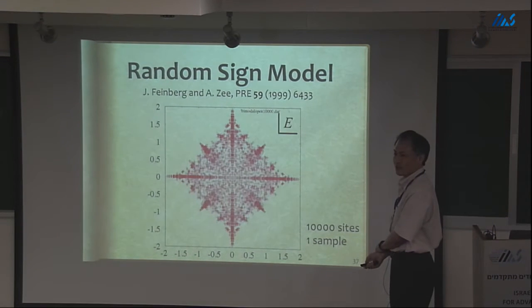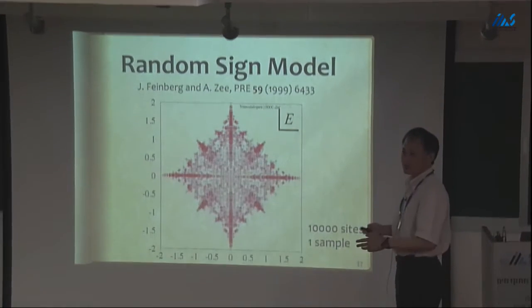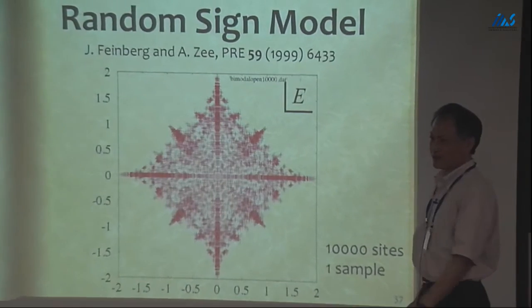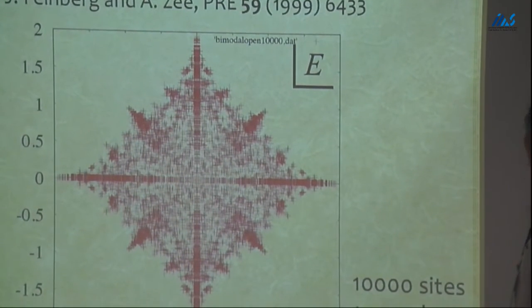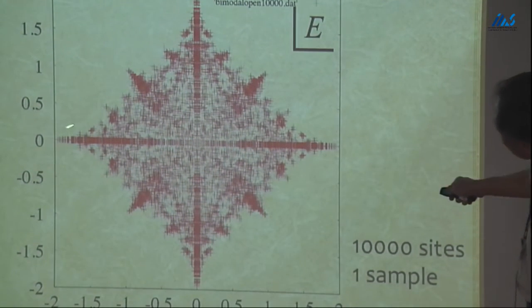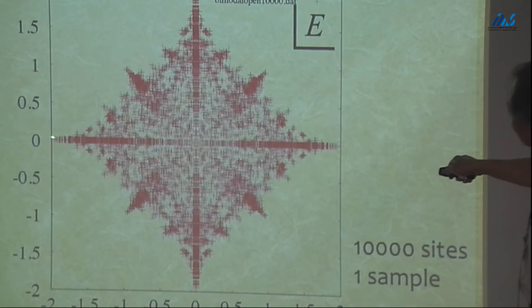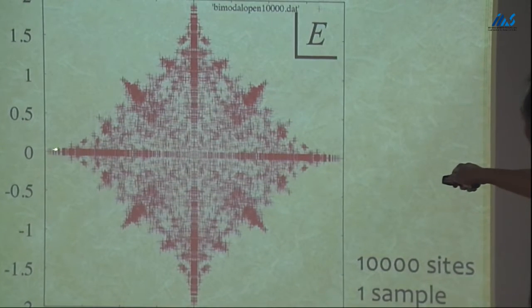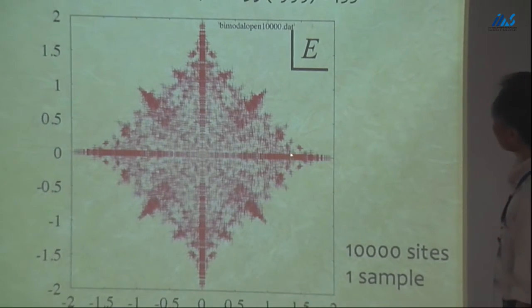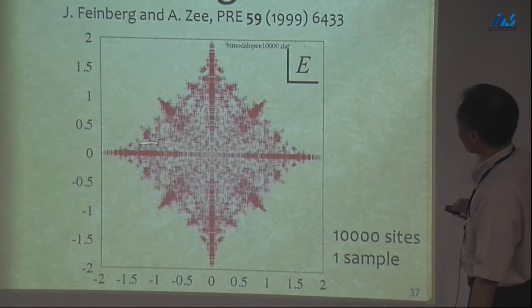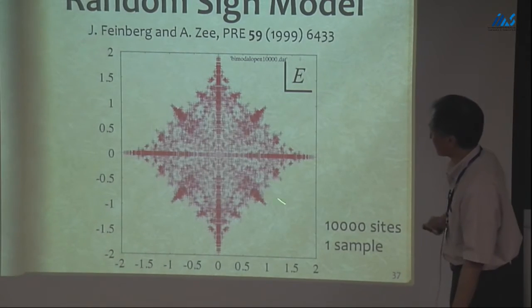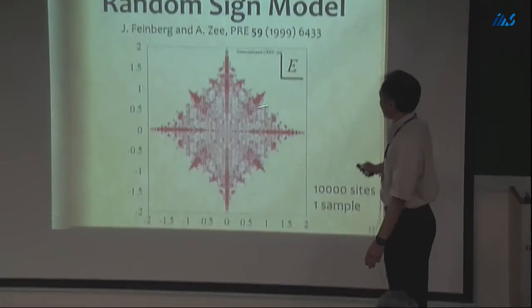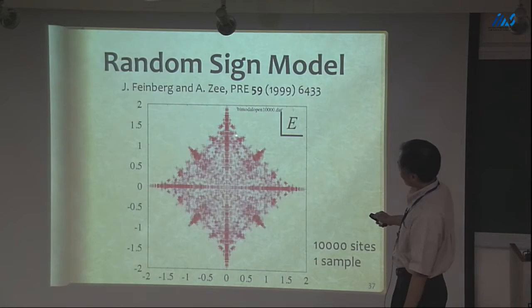After 20 years, I was able to do the numerics for a 10 times larger matrix. That's why this is 10,000 sites. But it's one sample, and I can argue that it's completely symmetric here and here. And it's also statistically symmetric along this direction.